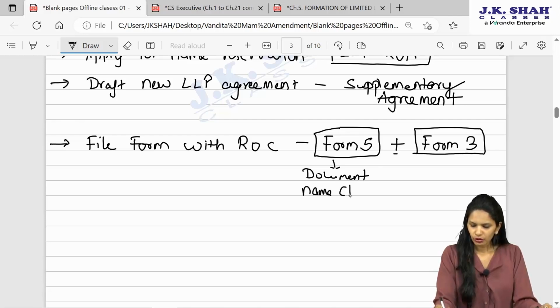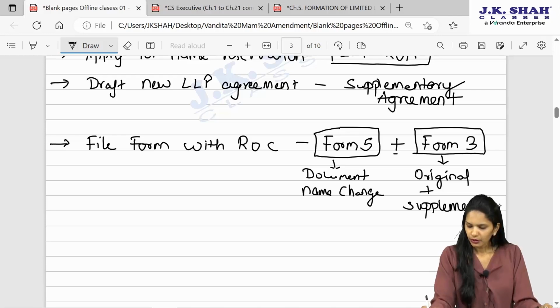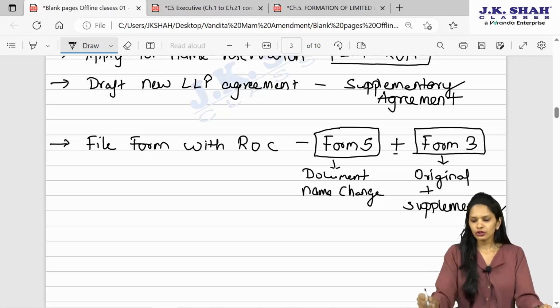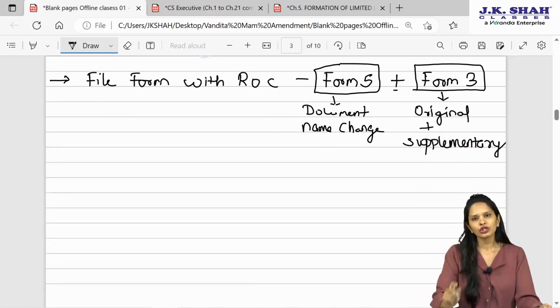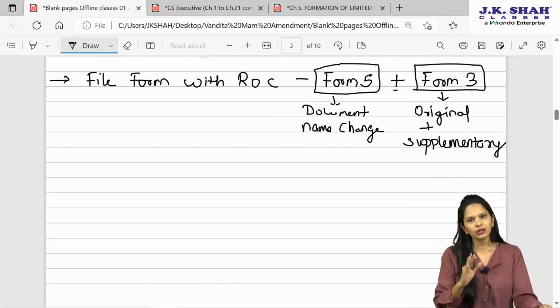So name change documents will be coming over here, and in Form 3 you will be filing, first of all, the original agreement. Along with that, the new one which you have made, that is a supplementary agreement, because the supplementary agreement will mention only and only the name change part. All other provisions remain the same as in your original.